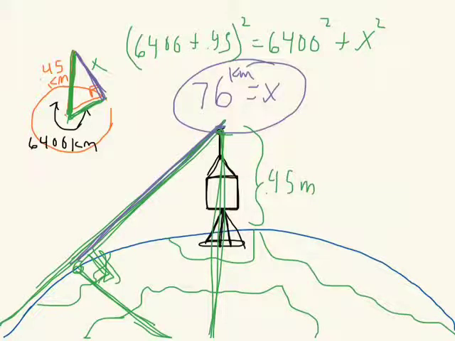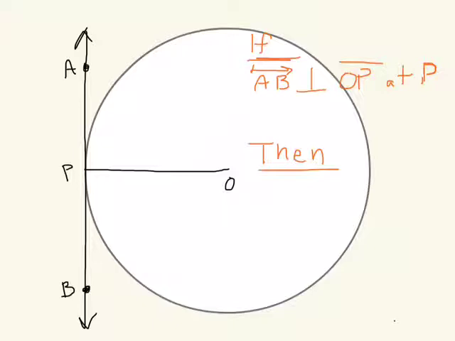All right, let's move on. All right, now we're looking at our next theorem, theorem 12.2, and what that says is if segment AB is perpendicular to OP, to a radius, then, and I'll fill in the rest of this, the line is tangent to the circle.